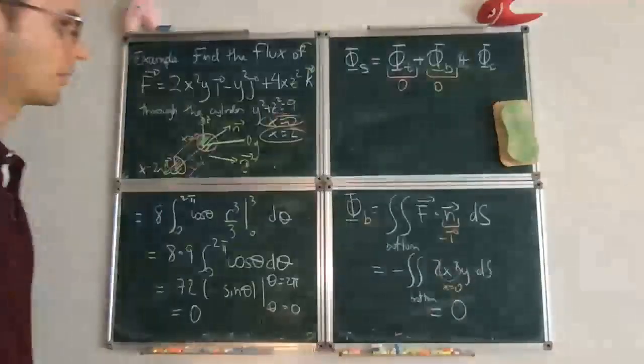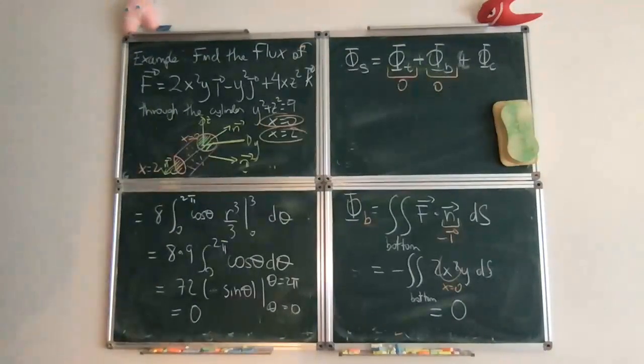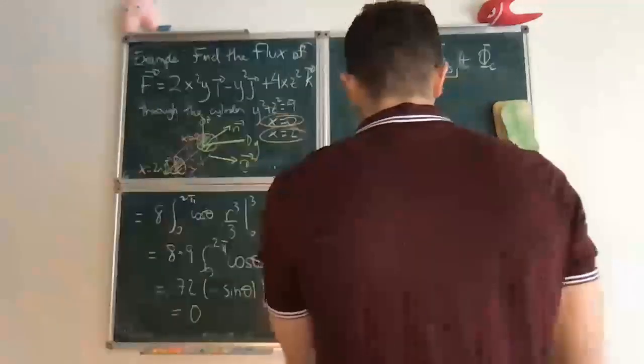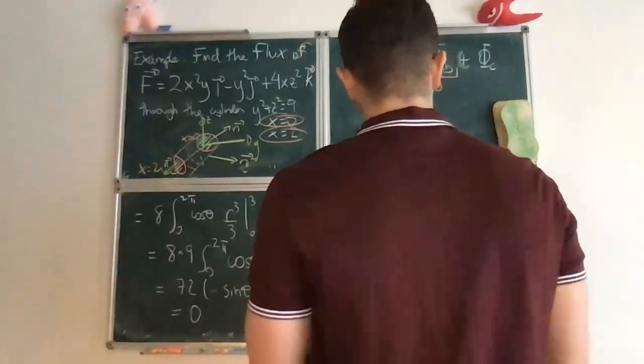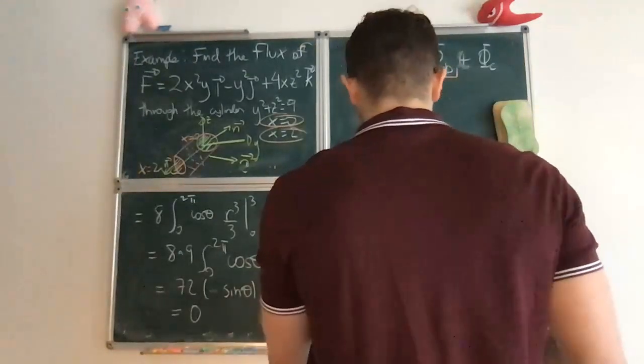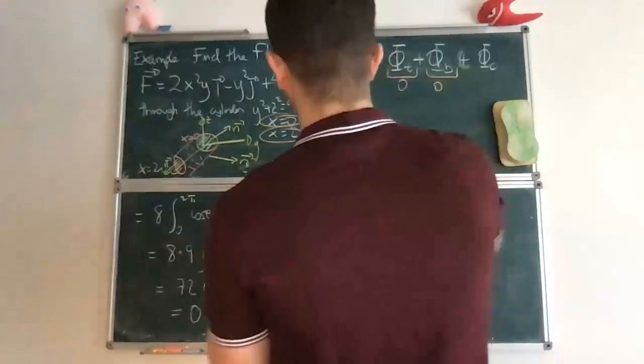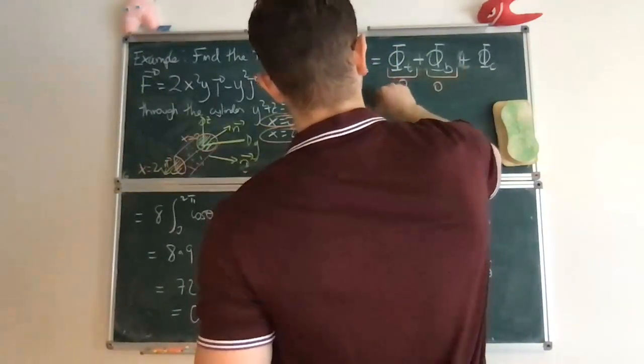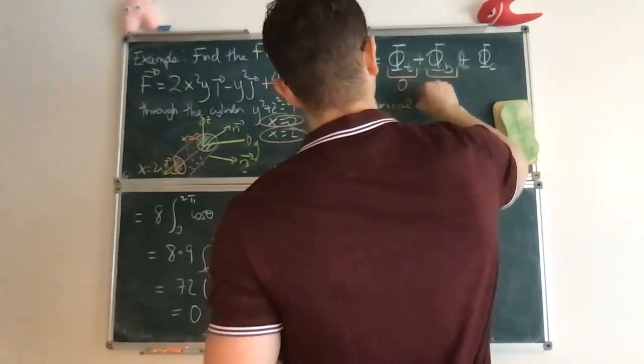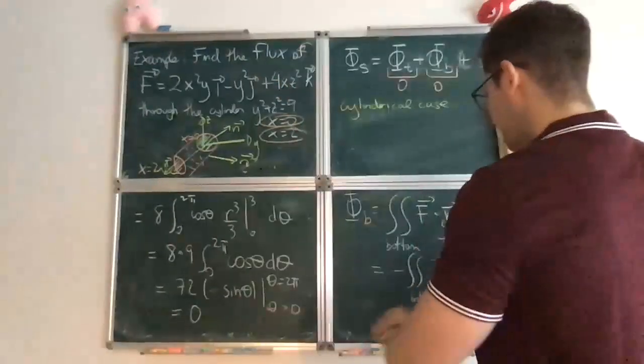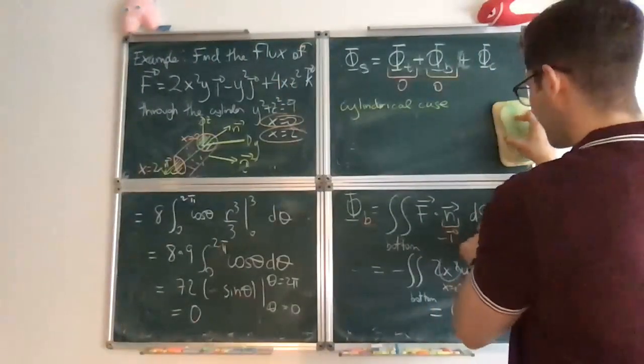And finally, we have to worry about the cylindrical piece, so the lateral piece. Let's do the cylindrical piece here. Even before computing the flux, we will need a formula for ds in this case.